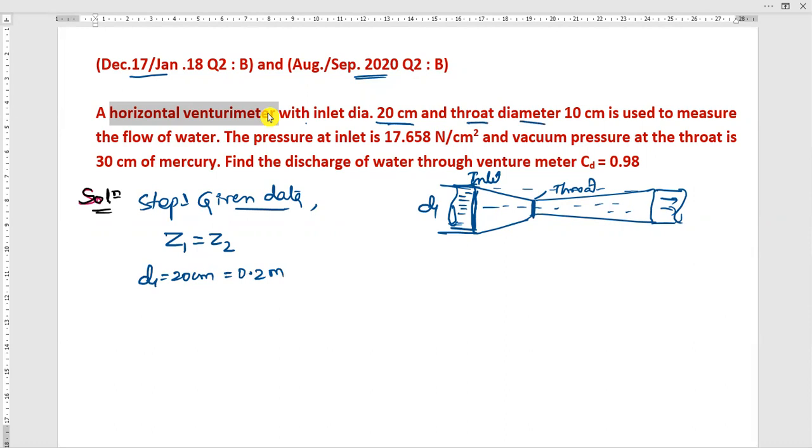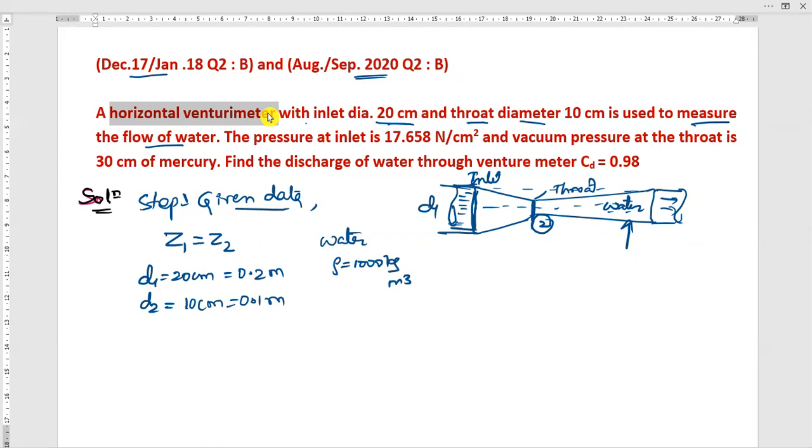And the throat diameter, point number 2, D2 is equal to 10 centimeter, that is 0.1 meter. It is used to measure the flow of water. So this venturimeter is used for measuring water flow rate, that is discharge. The density of the water is 1000 kg per meter cube.